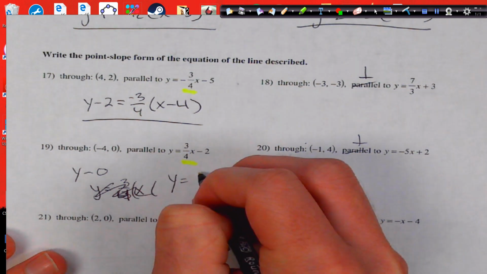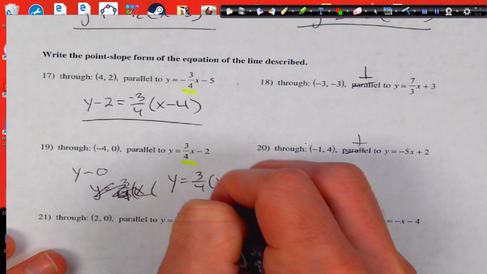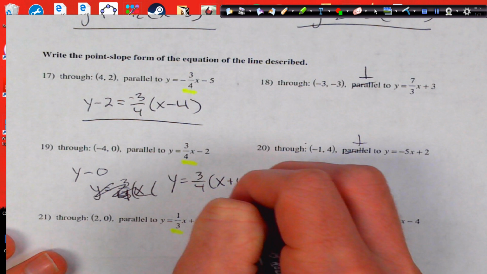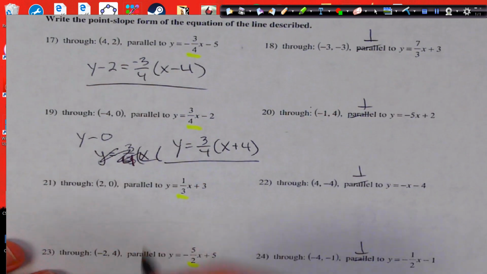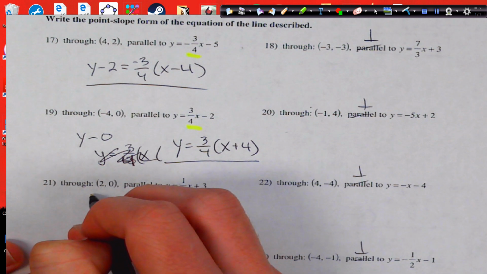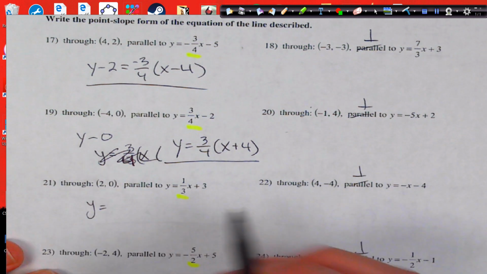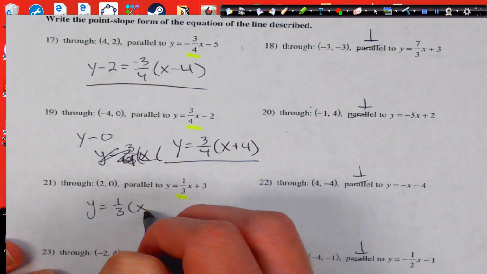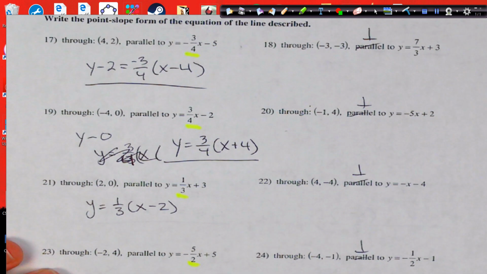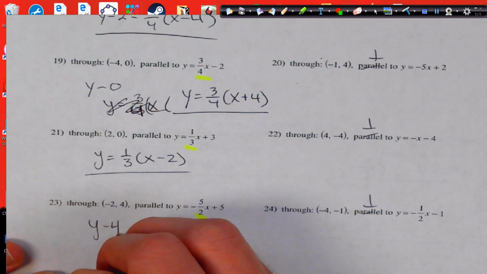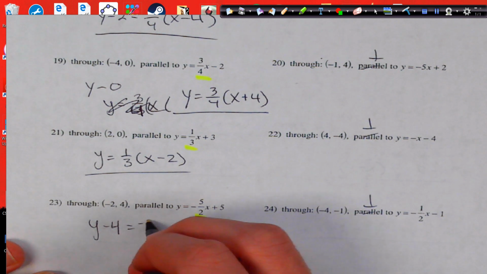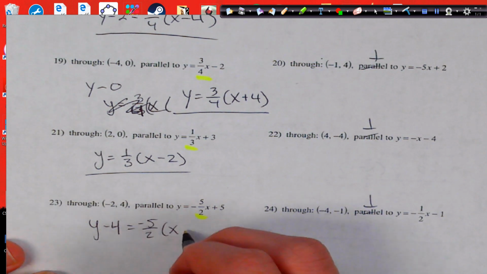Y equals 3 over 4, x minus a negative 4, which is going to become positive in that. Again, we have 0 here, so it's going to be y minus 0, so it's just y equals 1/3 x minus 2. Y minus 4 equals negative 5 over 2, x plus 2.